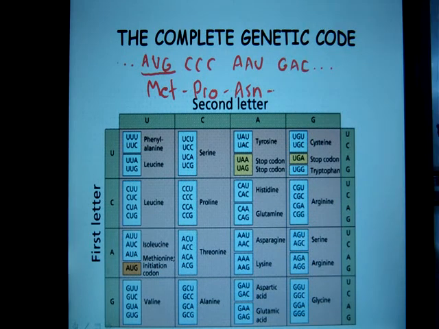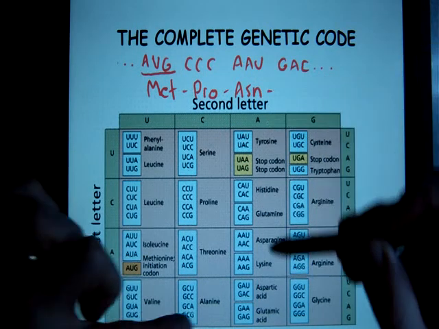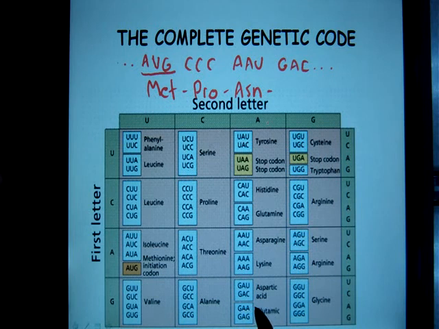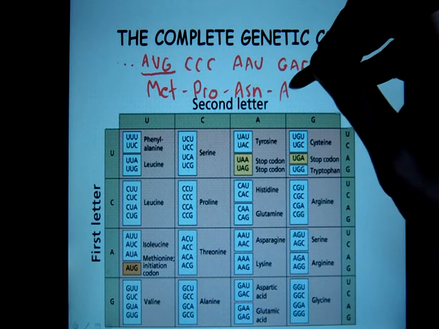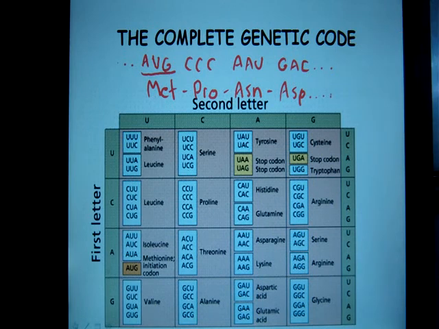The last codon is GAC. So G, find A, go to where they meet, and C, and I see that it's aspartic acid. So that short section of RNA codes for a chain consisting of those 4 amino acids.